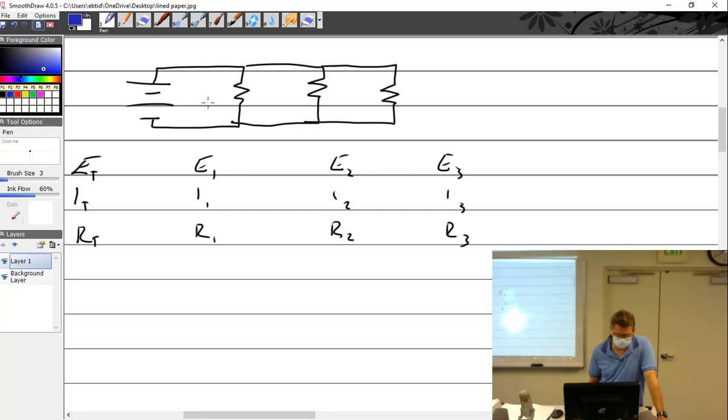All right, so what are my givens here? We'll go 12 volts, 3 ohms, 6 ohms, and 12 ohms, and that should be enough for you to do this.